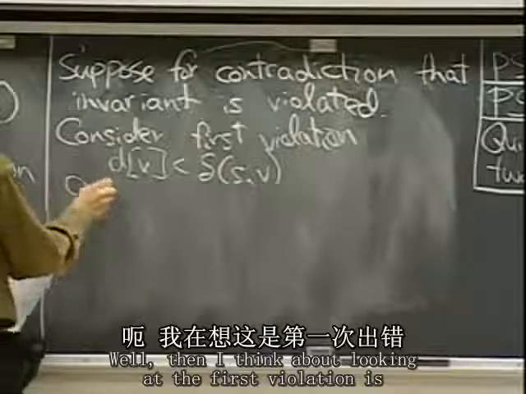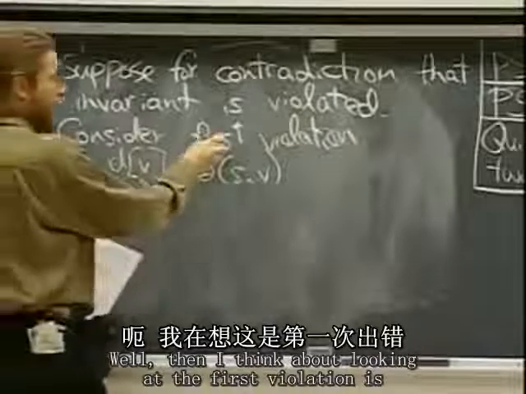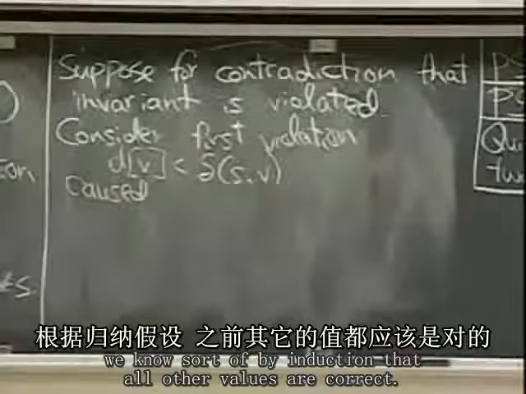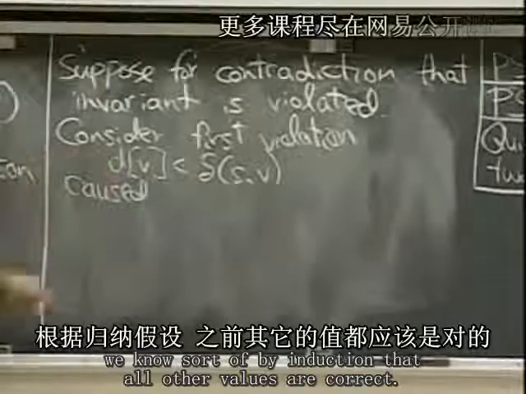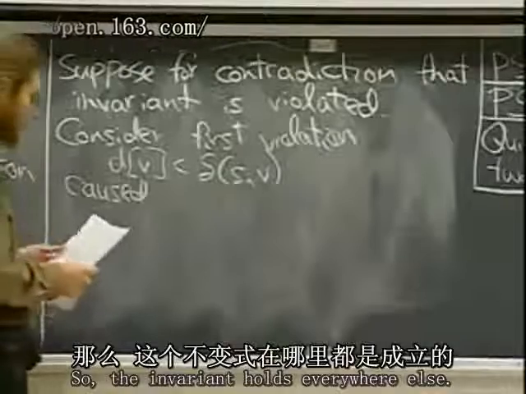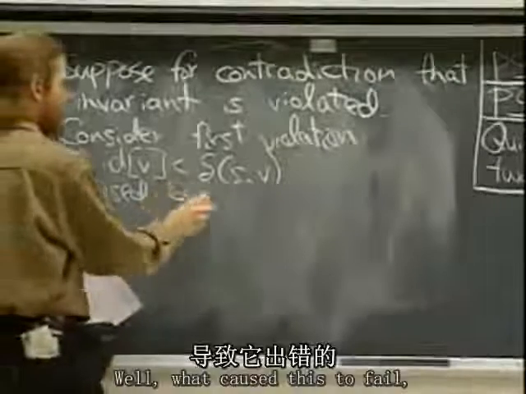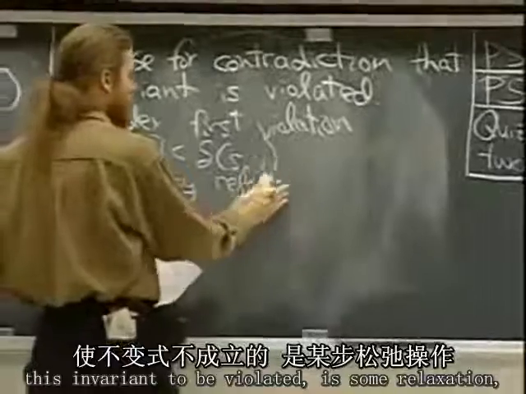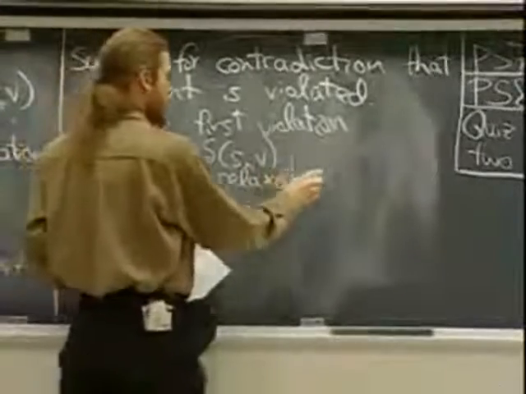The nice thing about looking at the first violation is we know by induction that all previous, all other values are correct. d of v is the first one where we screwed up, so the invariant holds everywhere else. What caused this invariant to be violated is some relaxation on d of v.